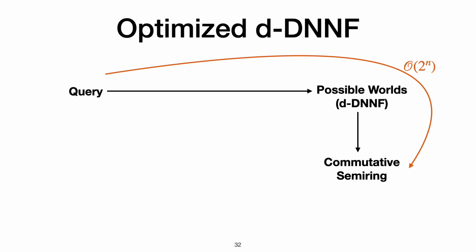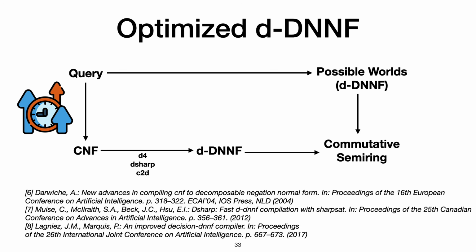But fortunately, the possible worlds is not the only d-DNNF. Indeed, several compilers exist that use heuristics to more efficiently compute more compact d-DNNFs for a query, with C2D, D-sharp, and D4 the most common ones, where they each build on each other, and D4 is the most recent and also the most efficient one.